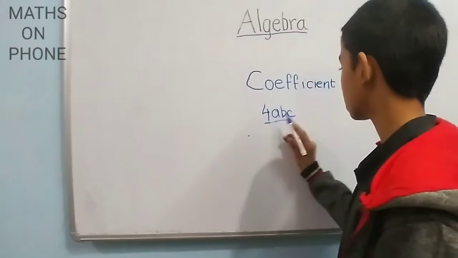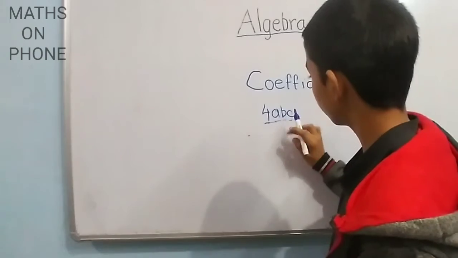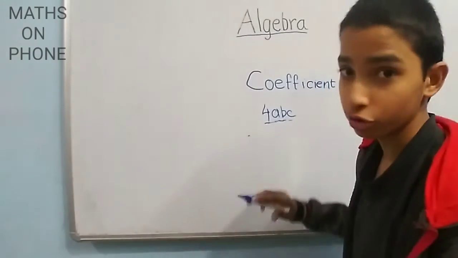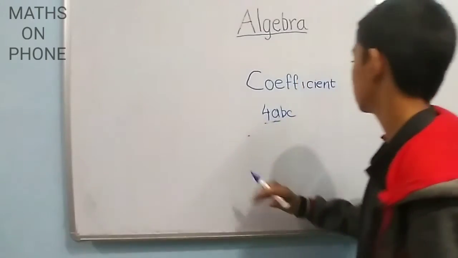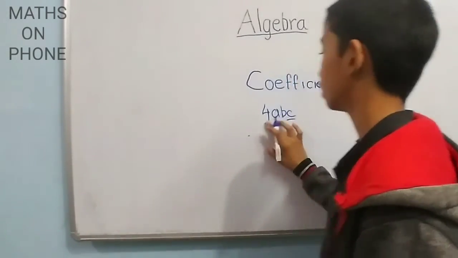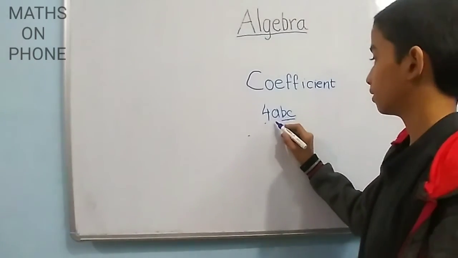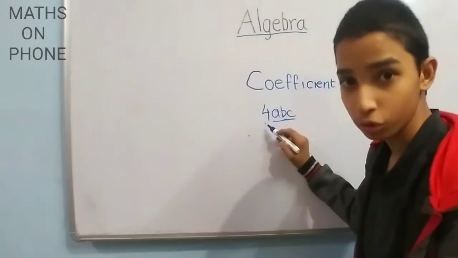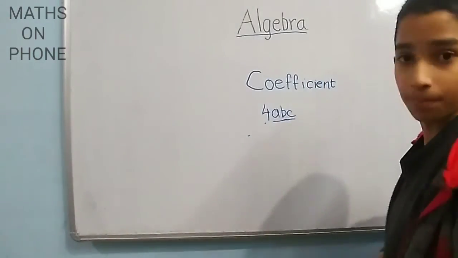Now 4a is a coefficient of bc. 4ab is a coefficient of c. Now taking it in reverse, c is a coefficient of 4ab, bc is a coefficient of 4a, abc is a coefficient of 4. So this is the process to find the coefficients.